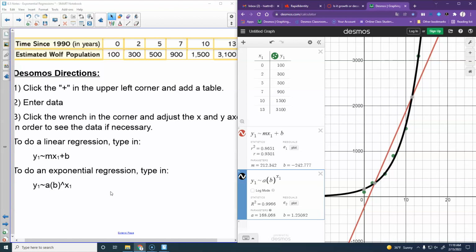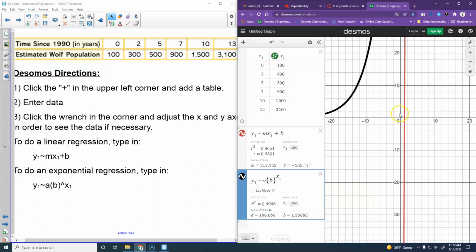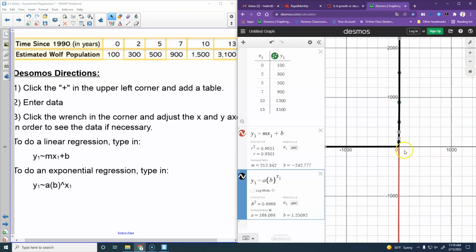So a lot of you are having trouble getting your picture right. What's happening, I think, is you get here, you can't see anything, so you start zooming out like this. But then when you zoom out, all your points just look like they're on a vertical line, right? Especially in this case, because our X's are really small, but our Y's are big, so it's only our Y that we need to make bigger. When you zoom out, it makes the X and the Y bigger.